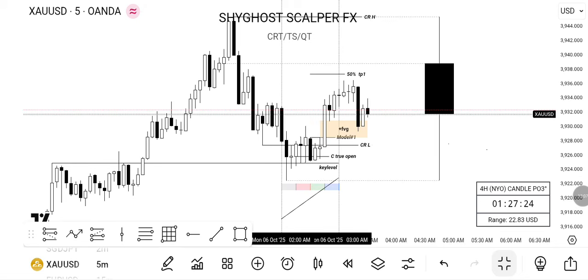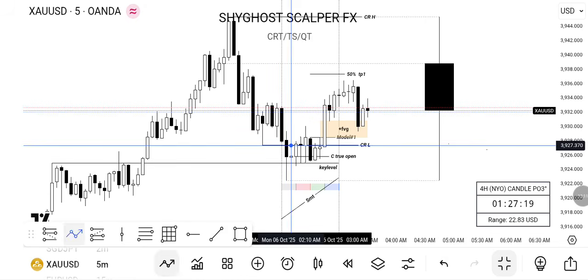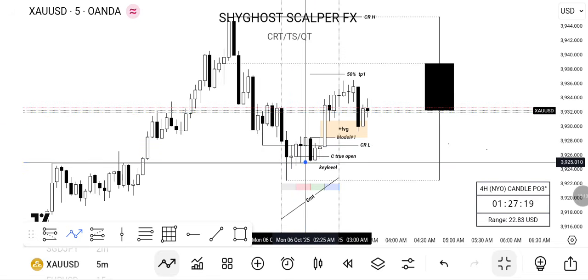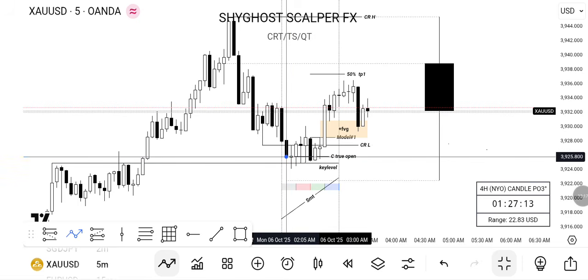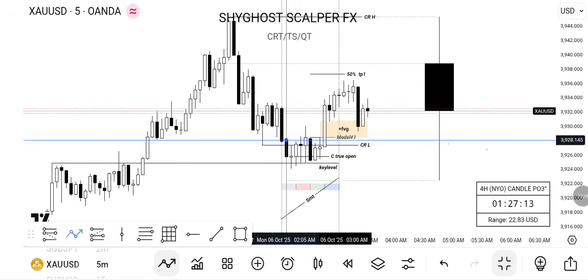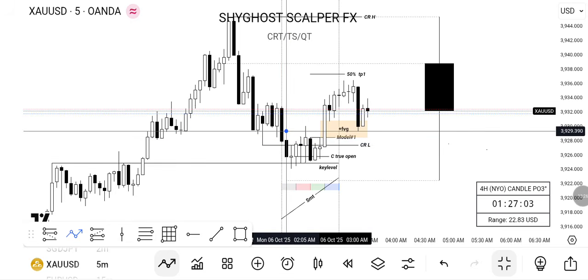And then after we've checked our SMT, we're going to check this lower low from gold, comparing gold and silver: does this candle look the same in color or not? For example, on silver you check whether this candle is a bullish candle or a bearish candle.